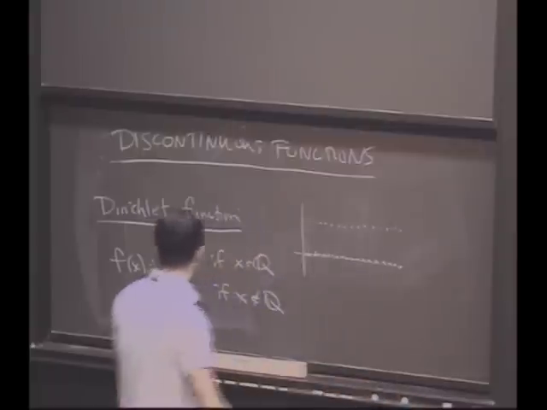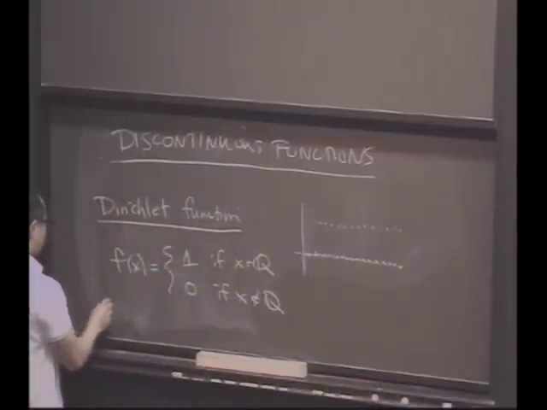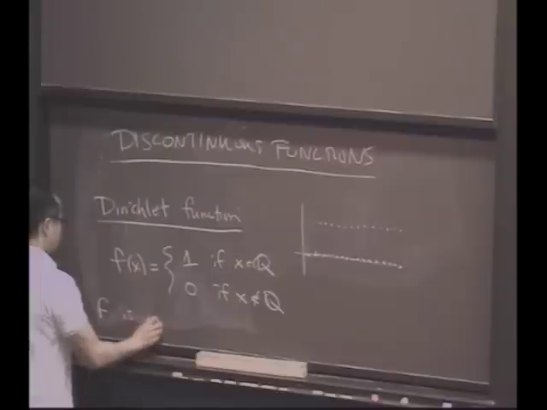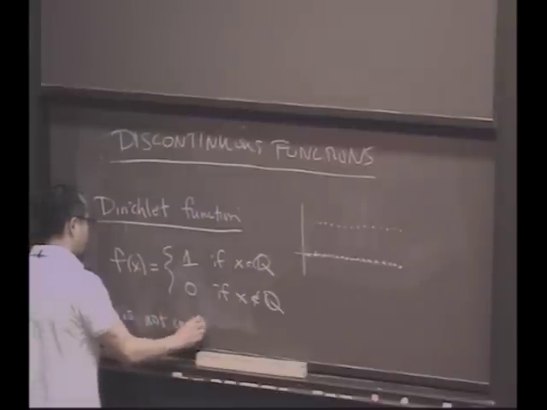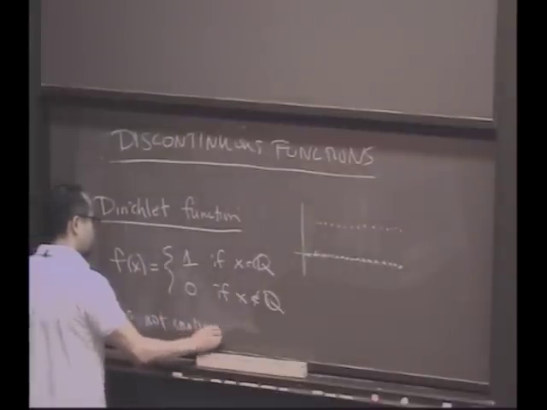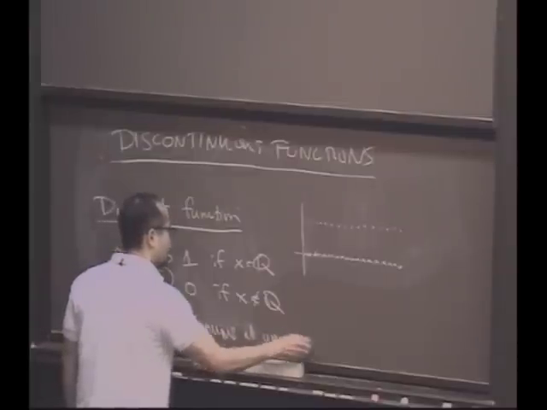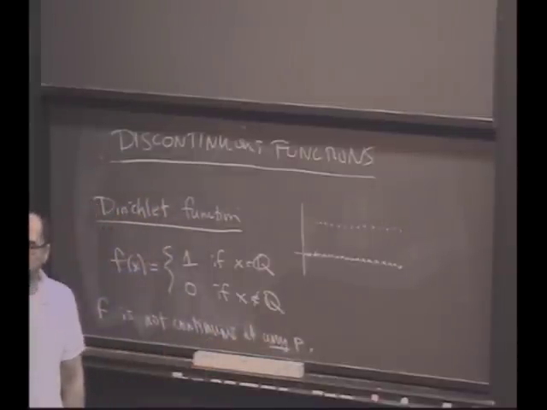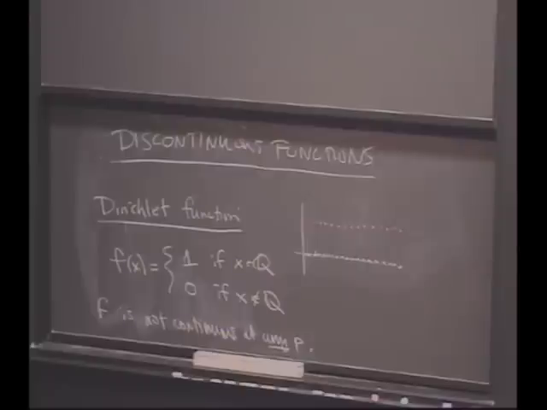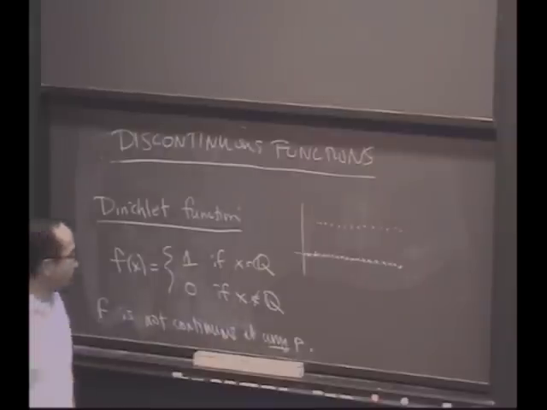Okay. Now you can convince yourself that f is not continuous anywhere, at any p. Why is that? Give me just a brief argument. Emil? Okay, good.